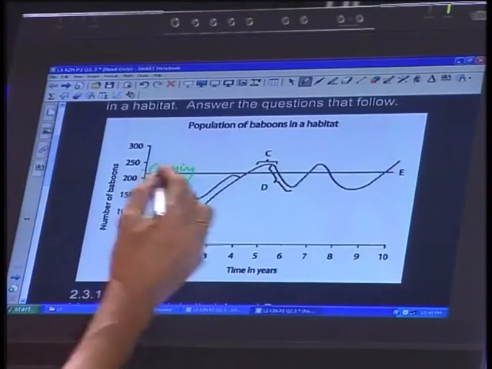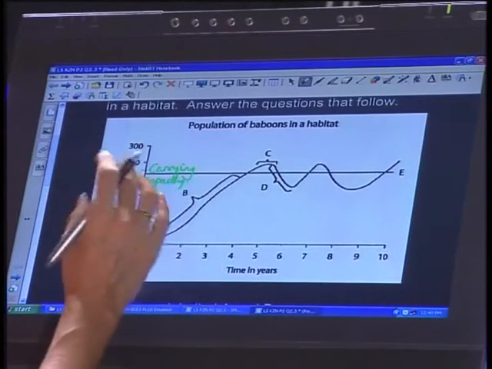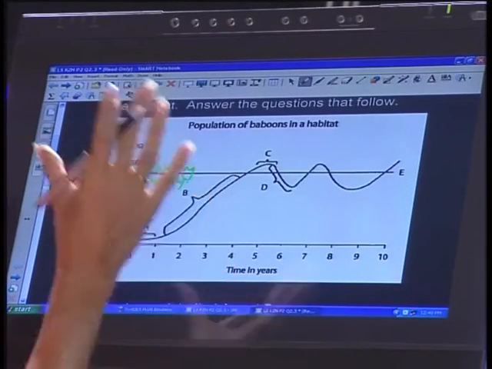So we're going to have intra-specific competition, and these organisms will start to die. And we don't want that. So carrying capacity is the number of organisms that an area can comfortably support.